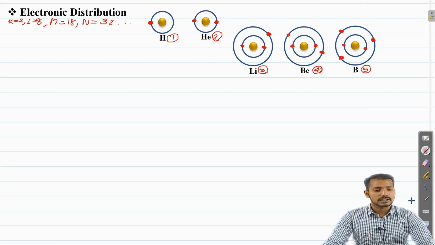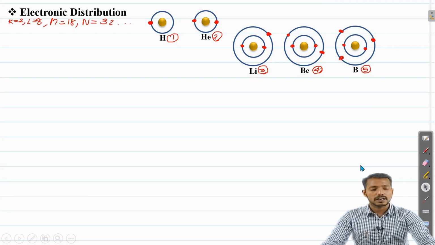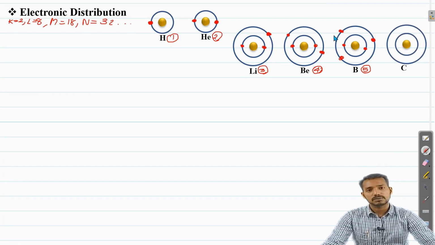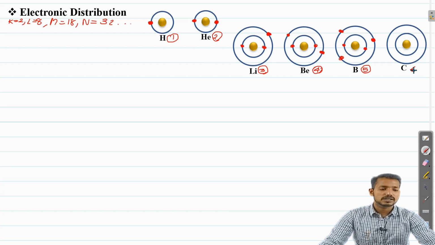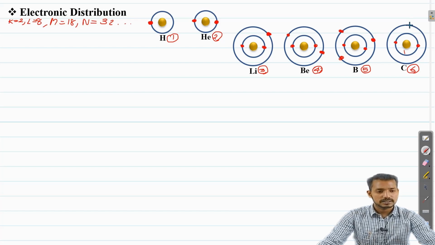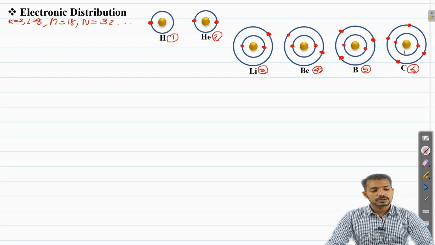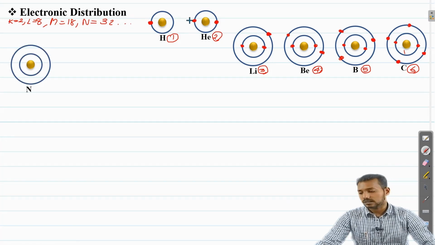Now we are moving to the next atom with 6 electrons, that is carbon. In case of carbon, there are 6 electrons. So first 2 electrons here, and the remaining 4 electrons can be filled in the second orbit. So total 6, 2 and 4. Now we are moving to the next atom, nitrogen.